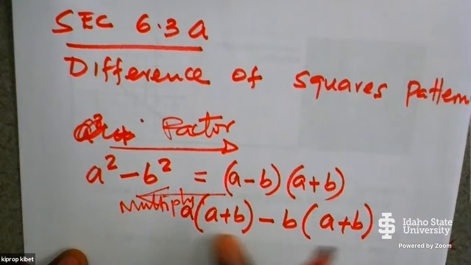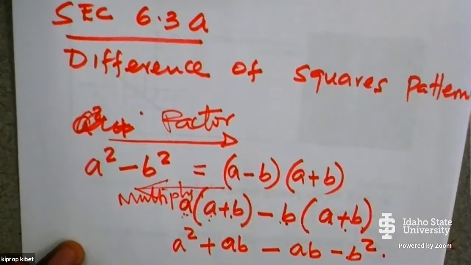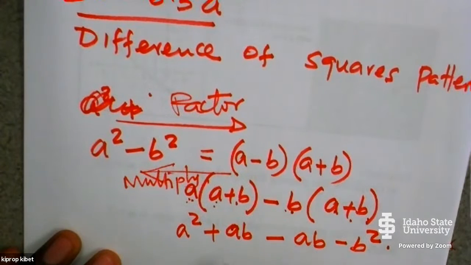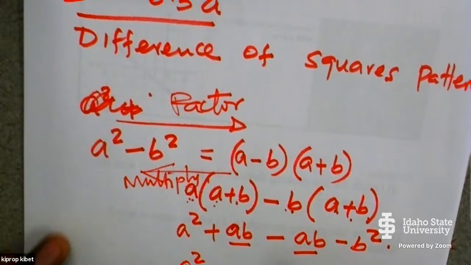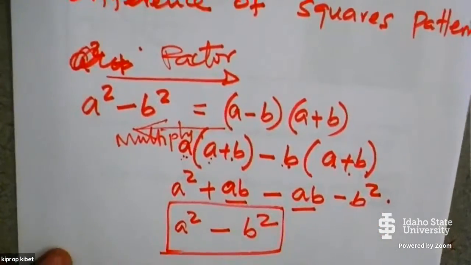So when we multiply and open these brackets, this is a square plus ab minus ab minus b square. When you simplify, a square, and the ab and ab cancel, so it will be a square minus b square. So that is the difference of two squares.